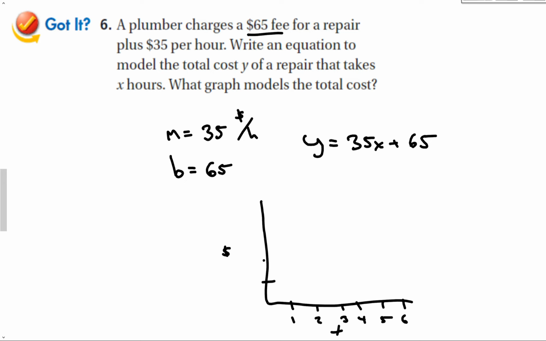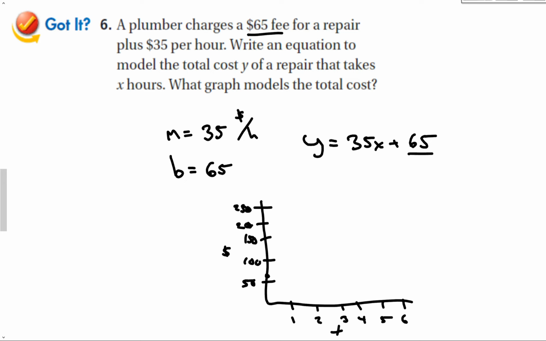And dollars, we're not going to go by ones, because we're charging $35 an hour, so this graph would be very steep if we did. So let's go by 50s: 150, 200, 250.